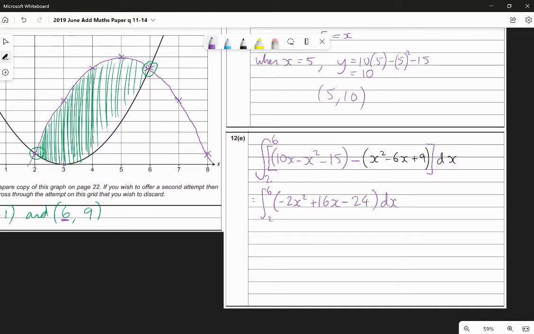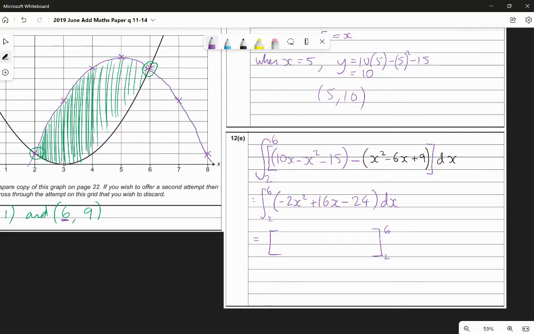So now I just have 3 items that I need to integrate. If I'm doing a definite integral, I put my result in these brackets, and then I substitute in the values of the limits. When I integrate, I raise the power by 1 and I divide by the new power.